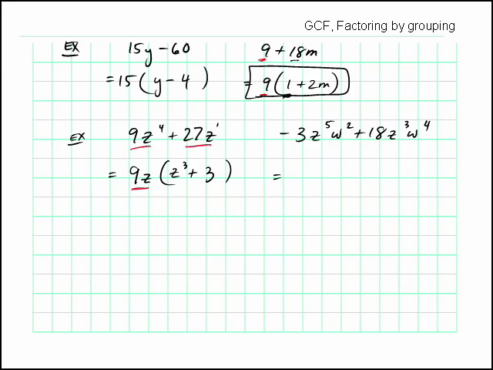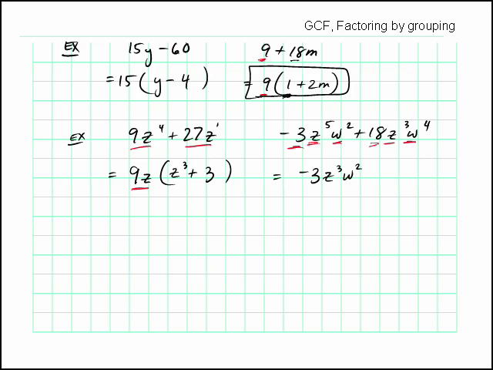For 3 and 18, the GCF would be a 3, but I'm going to factor out a negative 3 here. Let's look at our variables now. I got a z to the 5th and a z cubed, so that means I could factor out a z cubed at most. I've got a w squared and a w to the 4th, so w squared at most will come out of both of those.